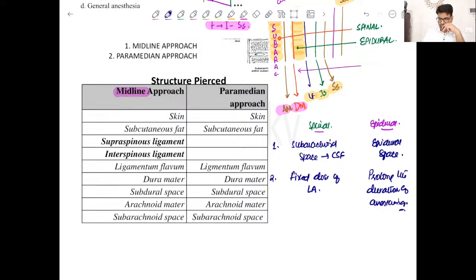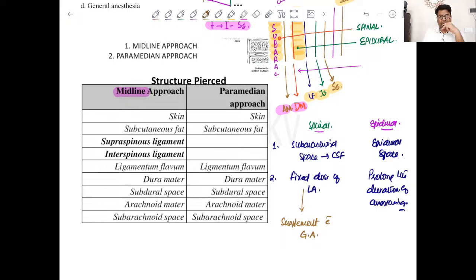Whatever the drug has been given, the effect will be for a certain period, and if the surgery has not been done within that time period, you have to supplement with general anesthesia, right? Especially in cases of orthopedics, when the surgery takes a lot more time than expected, and once the effect of the spinal anesthetic goes down, we have to give additional GA to continue the surgical process.